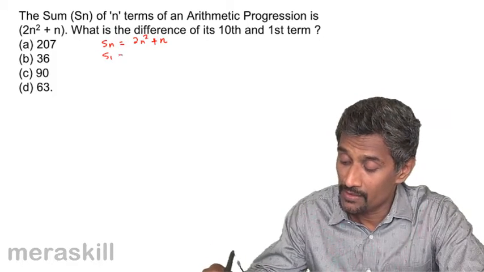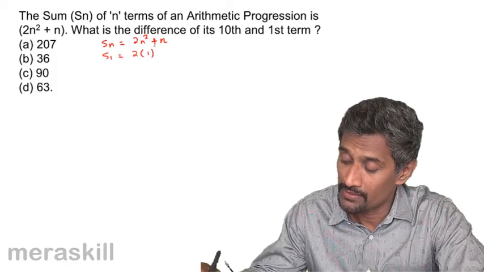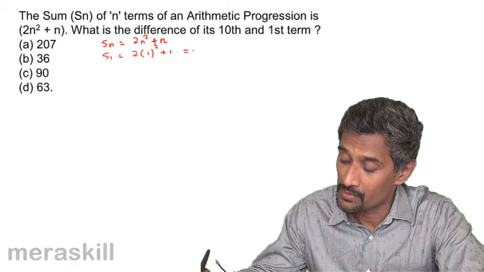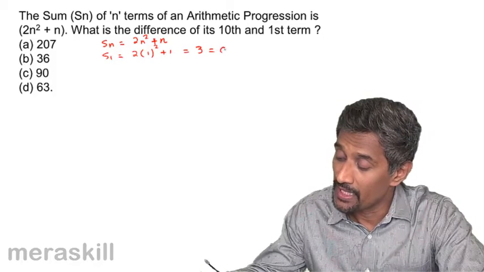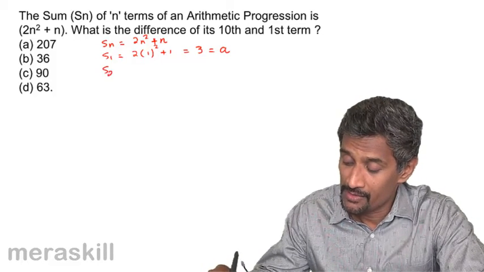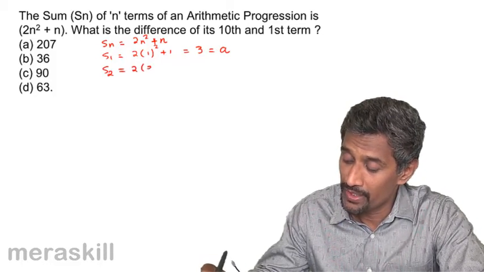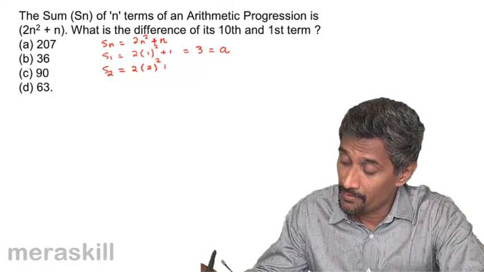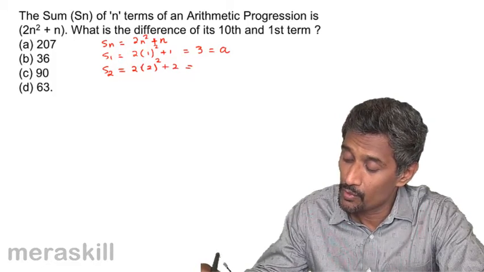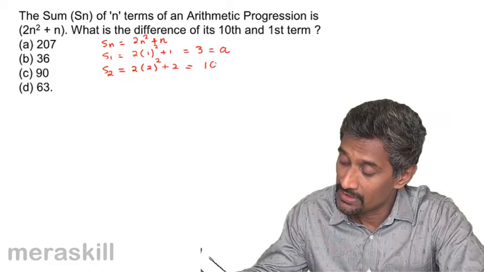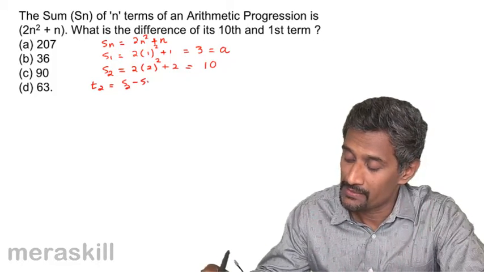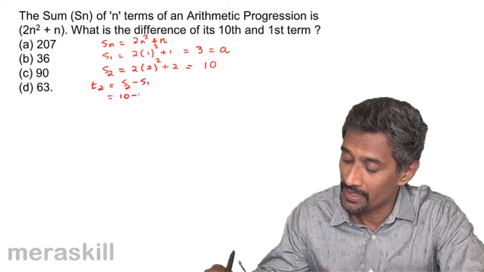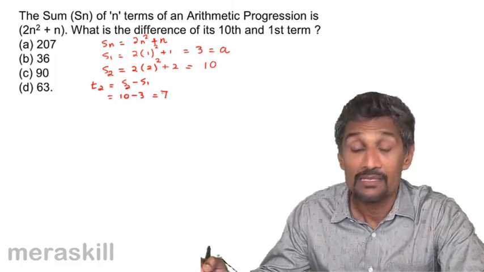So S1 is going to be 2 into 1 squared plus 1, 2 plus 1, 3, and this is going to be a. S2 is going to be 2 into 2 square plus 2, that is 4 2s are 8 plus 2, 10.